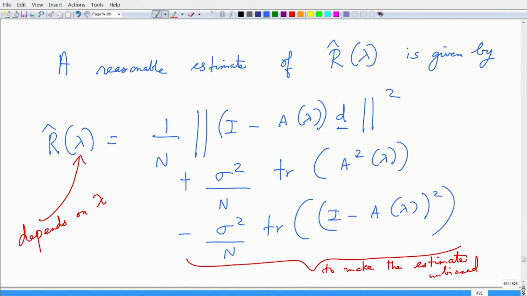So, this r hat of lambda is basically expected value of r of lambda. This is just for clarity. Okay. So, therefore, if you minimize the average error over all possible choices of lambda, you can choose the right lambda and eventually the right estimate.